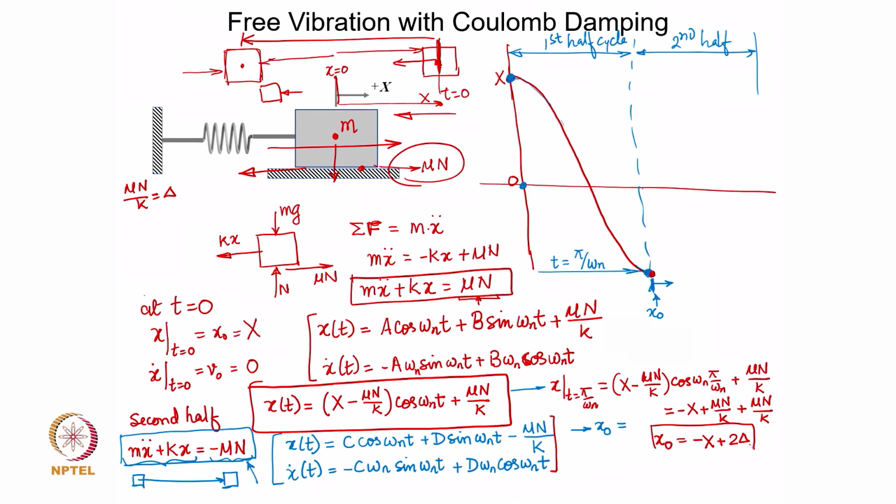That x naught I have got by using the response of the first half cycle at t is equal to pi over omega n. So, this amplitude here is minus x plus 2 delta.